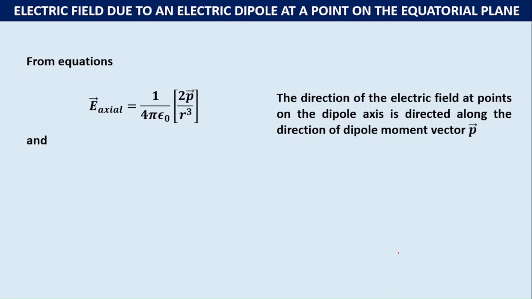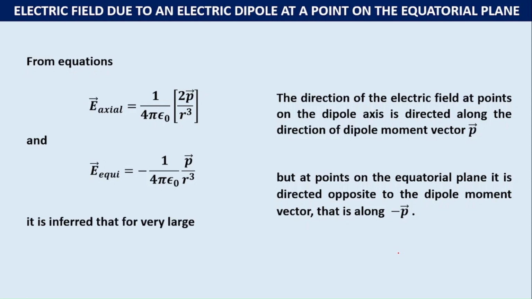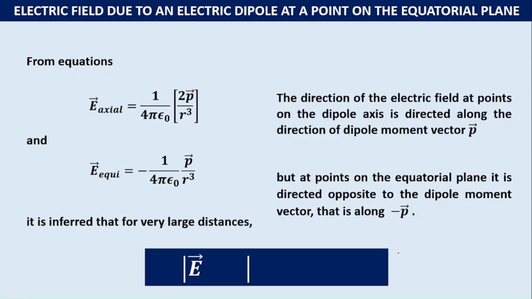And the next, E equatorial vector equals minus 1 by 4 pi epsilon naught p vector by r cube. At points on the equatorial plane, it is directed opposite to the direction of the dipole moment vector, along minus p vector. It is inferred that for very large distances, modulus of E axial vector equals 2 times modulus of E equatorial vector.